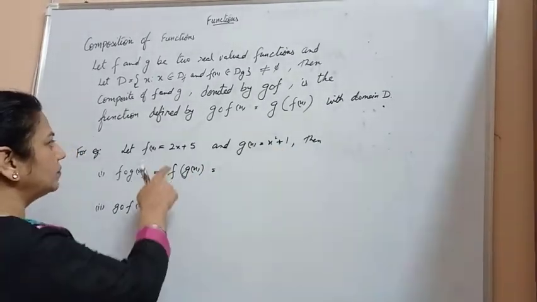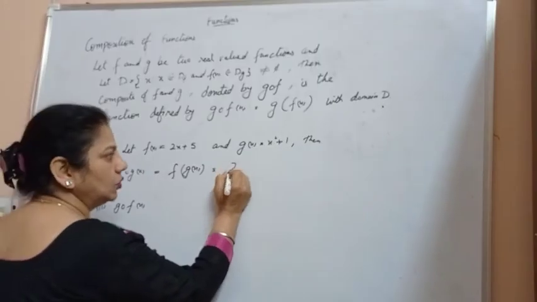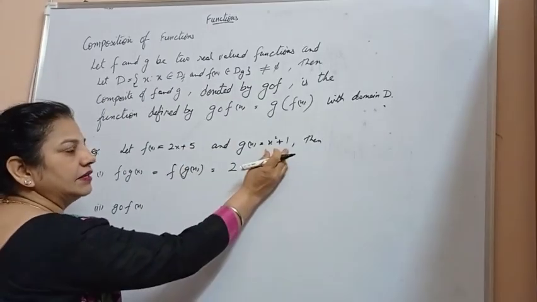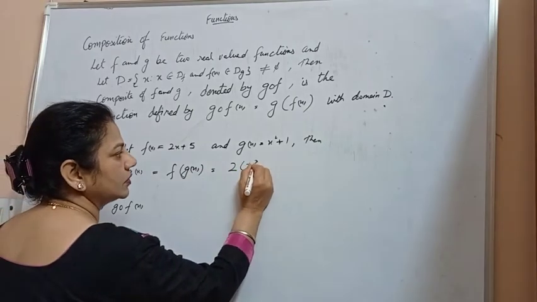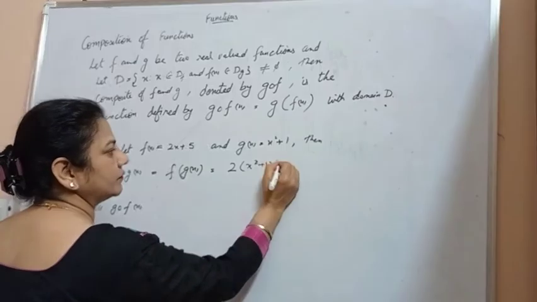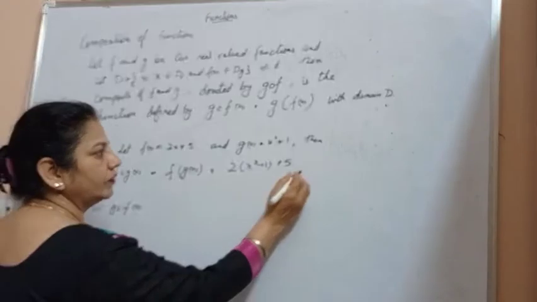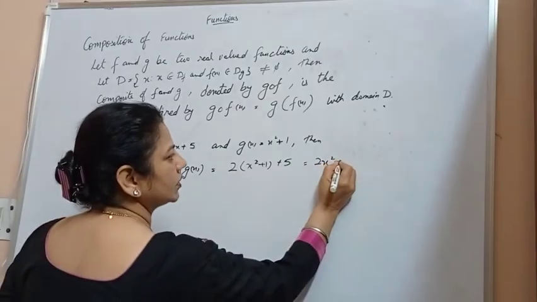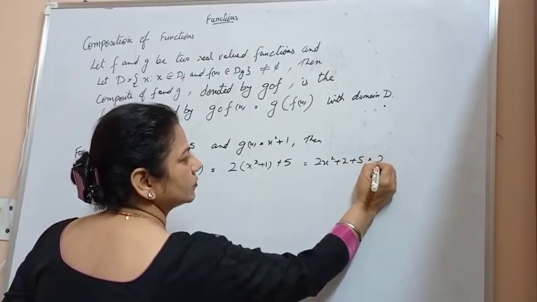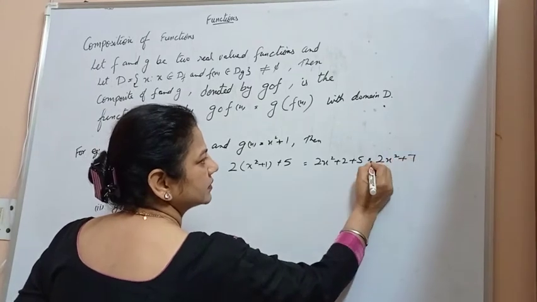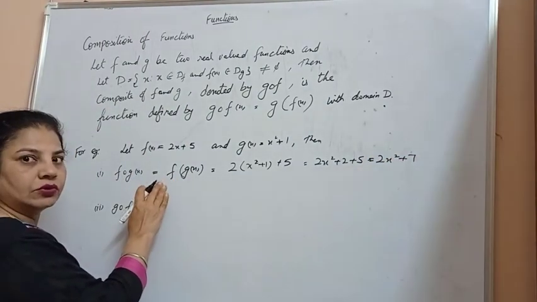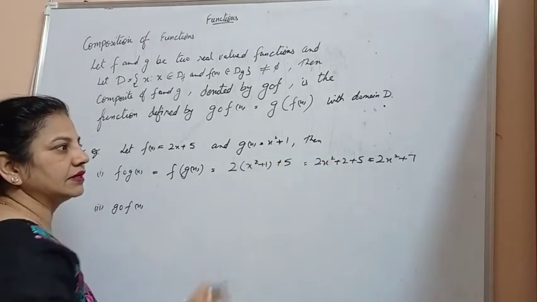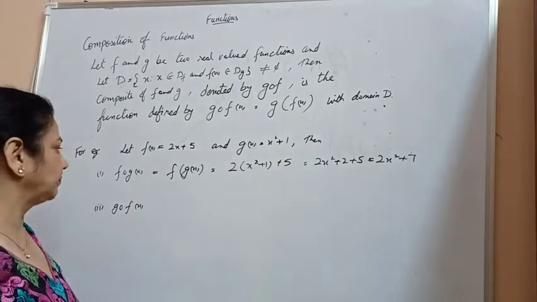So here we have 2x + 5, so I will write 2, and instead of x, I will write the function g(x): 2(x² + 1) + 5. On solving, I get 2x² + 2 + 5, which is equal to 2x² + 7. So f(g(x)) gives me the result 2x² + 7.